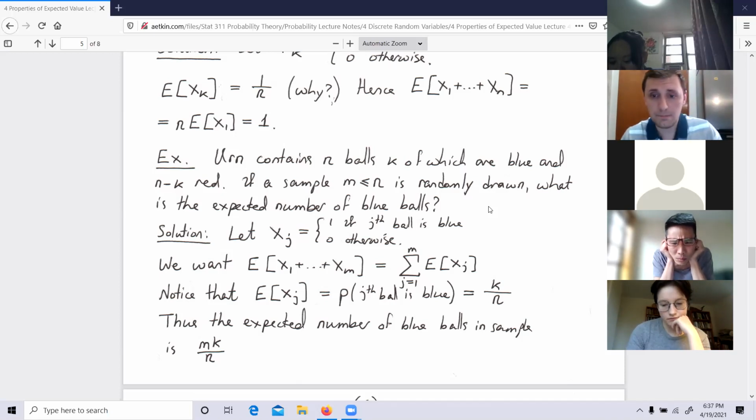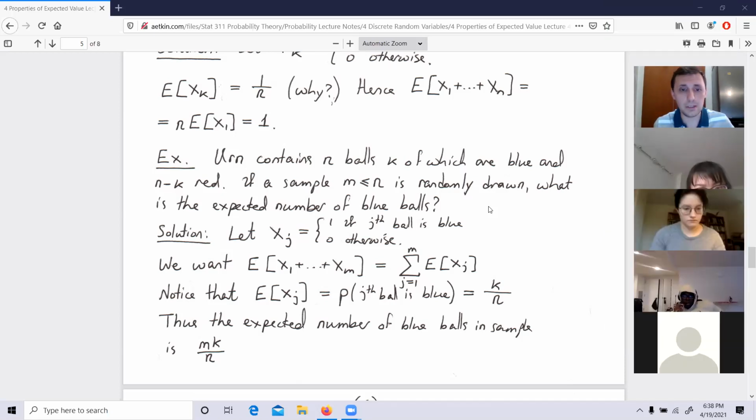j-th attempt. So the expected value of xj is 1 multiplied by the probability, which is k over n, plus 0 multiplied by the probability n minus k divided by n. You agree? So it's just k over n.